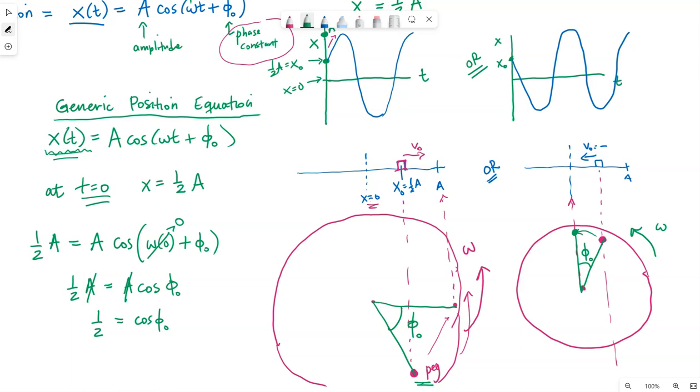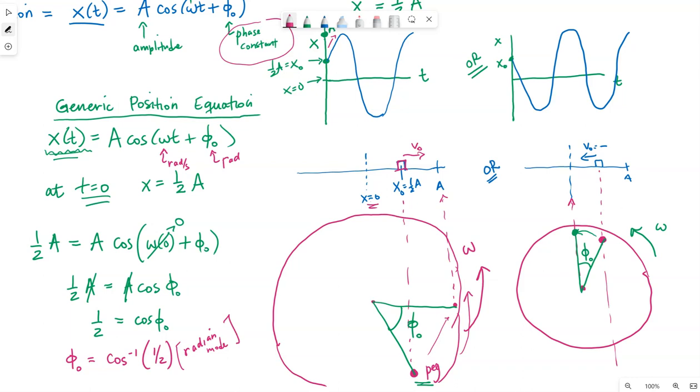Now, because omega has units of radians per second, we want phi to be in terms of radians as well. So when I say that phi is the inverse cosine of 1/2 in this specific example, my calculator needs to be in radian mode in order to get phi in radians.